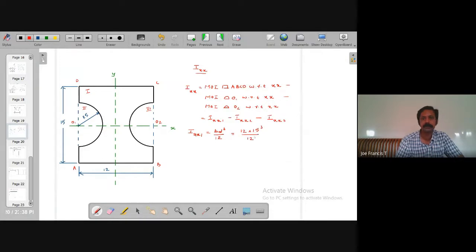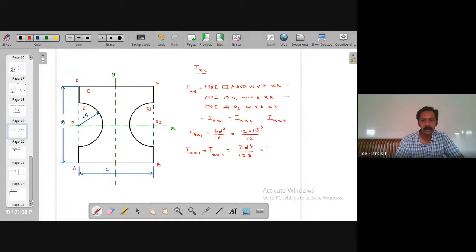Now, when it comes to a semicircle, since they are identical semicircles, Ixx2 will be equal to Ixx3. Both will be the same. Again, you should know the moment of inertia of the semicircle with respect to its centroidal axis. If you remember, it is pi d raised to 4 by 128.